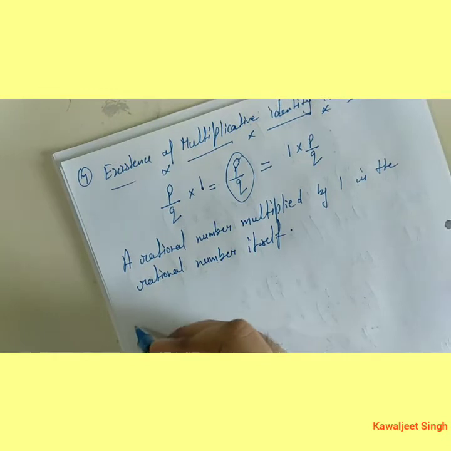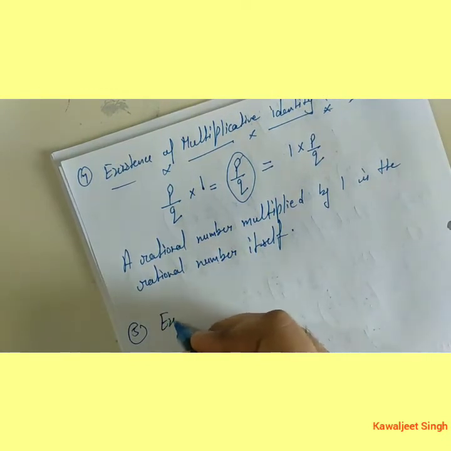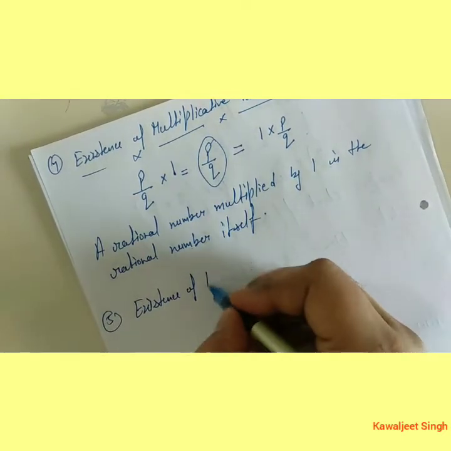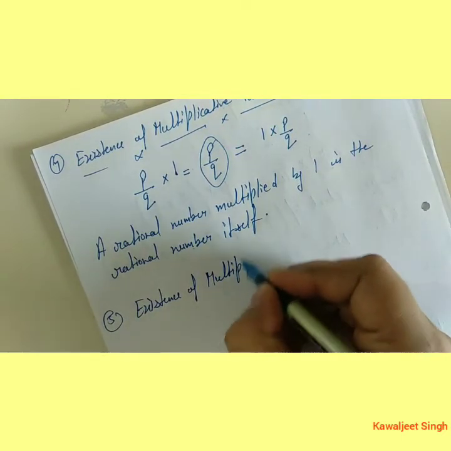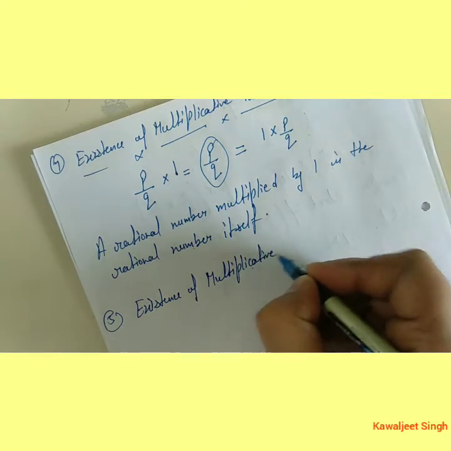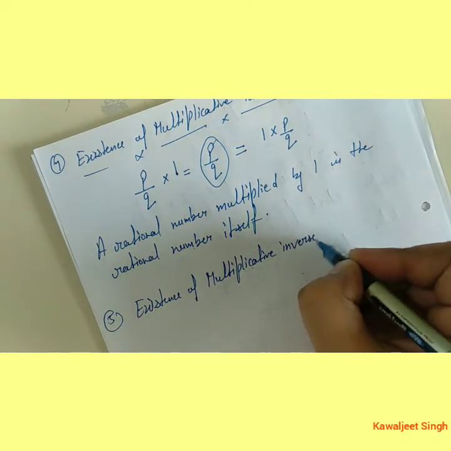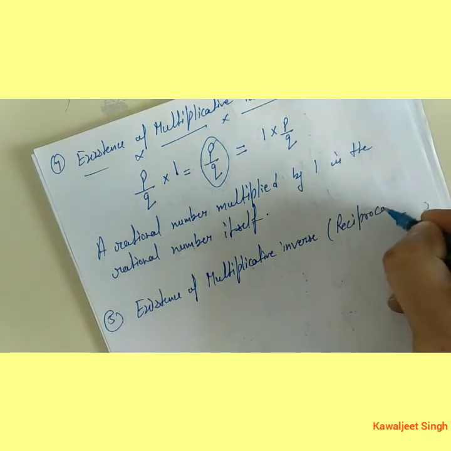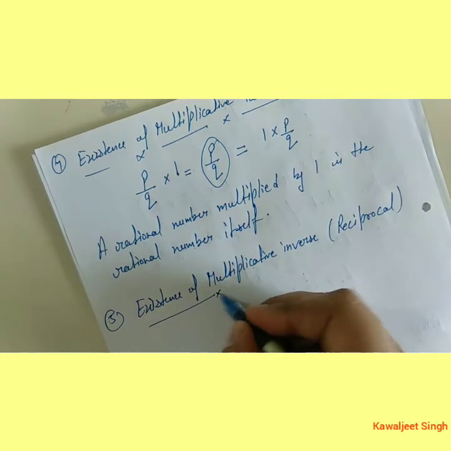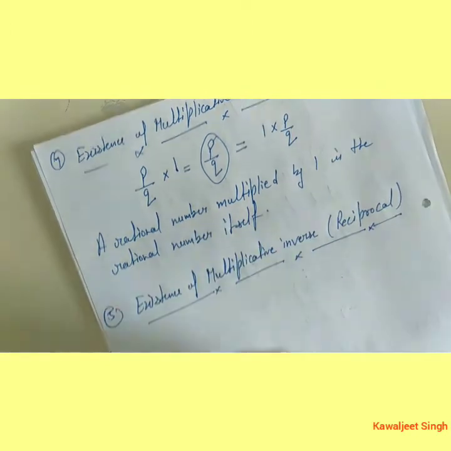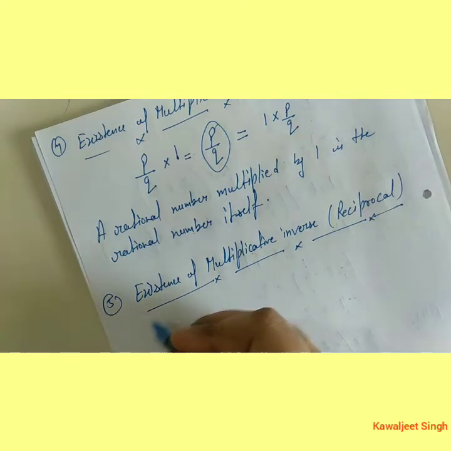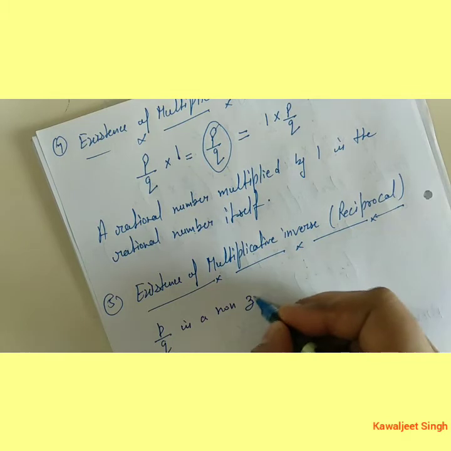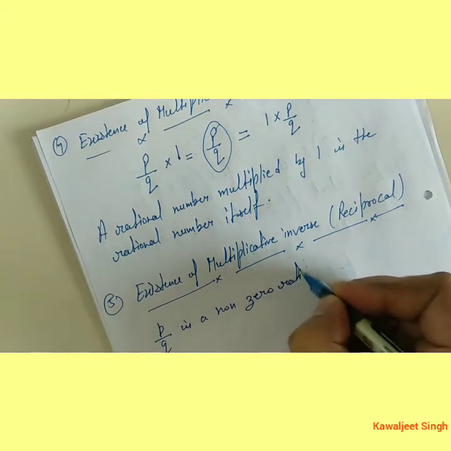Now after that, our fifth property: existence of multiplicative inverse, or multiplicative inverse, that, keep in mind, is the reciprocal. Under this, suppose P by Q is a non-zero rational number.